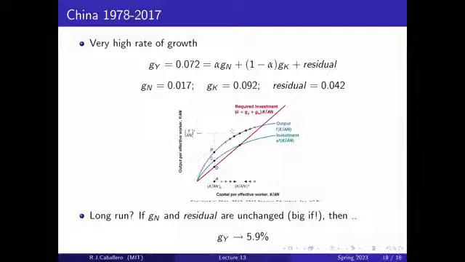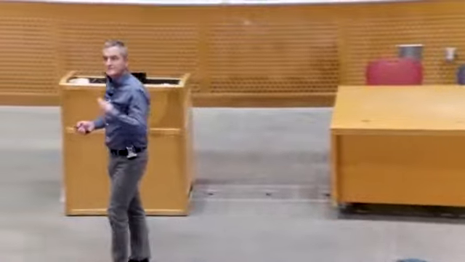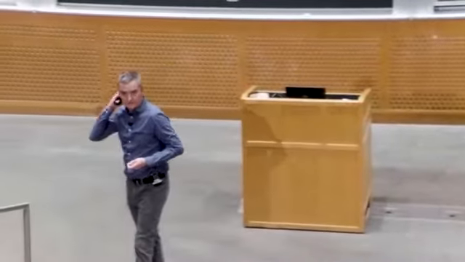Okay? That's 5.9%. But capital was growing at 9.2%, not 5.9%. So I do know that that's a period in which China was growing beyond its steady state or balanced growth rate of growth. And I know more than that.